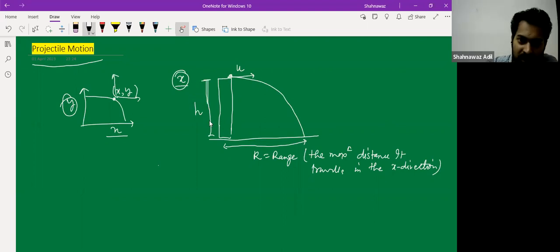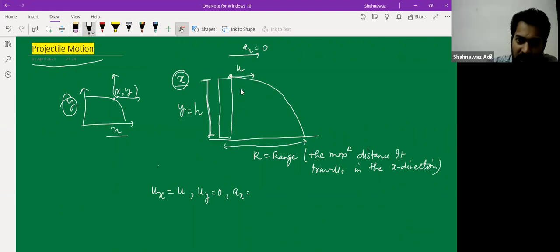So this is the y distance. Okay. And there is prior information. And what are those? This particle has only the x direction initial velocity, right, which is u, and your y initial velocity is 0, right? And what is ax? The acceleration in x direction is what? 0, right?